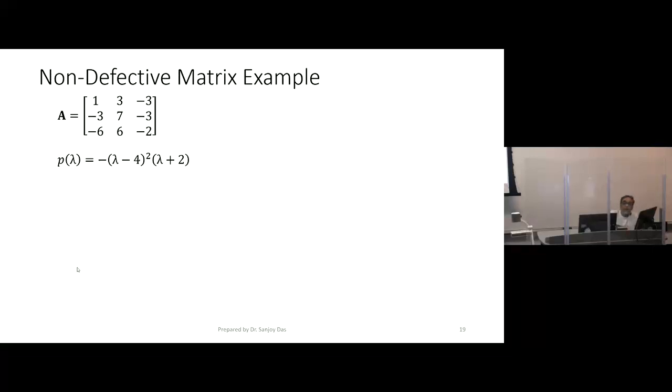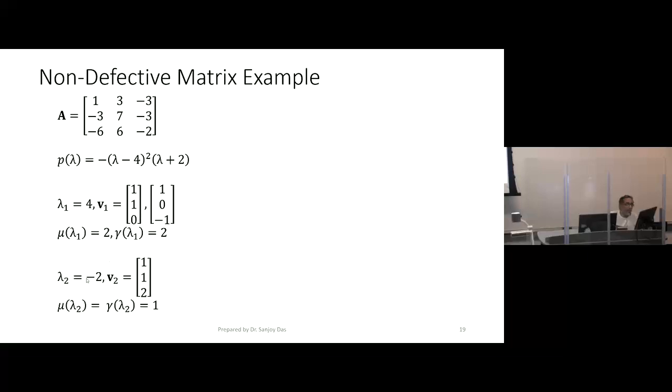This is an example of a non-defective matrix. One of the eigenvalues has an algebraic multiplicity of 2. That's lambda 1 equals 4. But it has two different eigenvectors. And for lambda 2 equals negative 2, V2 is 1, 1, 2.